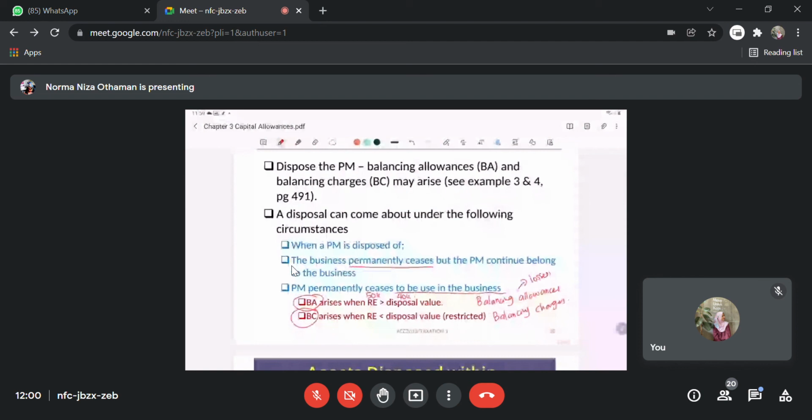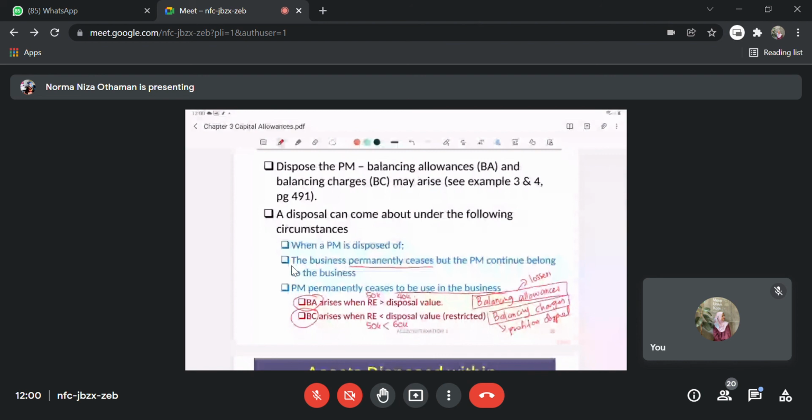Okay, tapi untuk balancing charge, for example tadi residual expenditure kita 50,000, tapi you dispose at 60,000. So higher lah. Harga jual lebih besar daripada carrying value. So dekat sini kita akan dapat balancing charge ataupun profits. Profits on disposal. Is it okay guys? Untuk dua item ni? Balancing allowance is a loss, balancing charge is a profit.